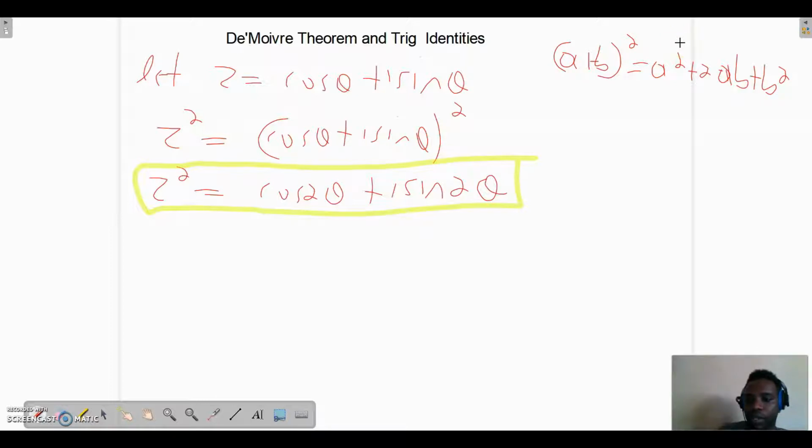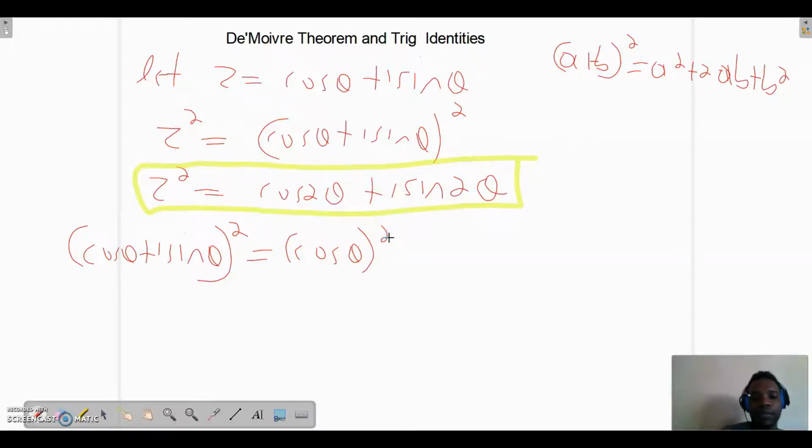So we can say that cos theta plus i sine theta all squared equals, and according to this it says I should square a, and a is cos theta. So when we square cos theta, we get cos theta all squared, but we can also write it as cos squared theta, but let me do this for now.